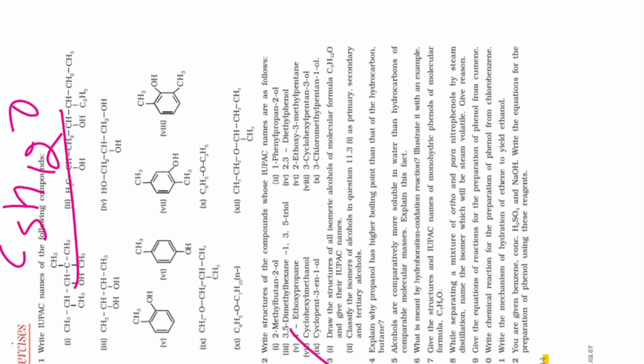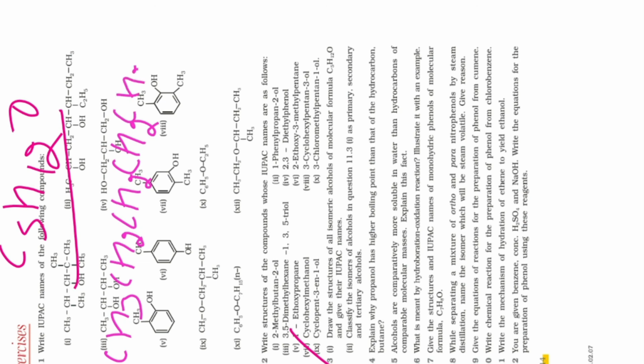See, number one, I am going to make, let it be CH3 CH2 CH2 CH2 CH2OH. Okay, this is called pentanol and it is a primary alcohol. Same way one more we can write, CH3, this OH we can write there also, CHOH.